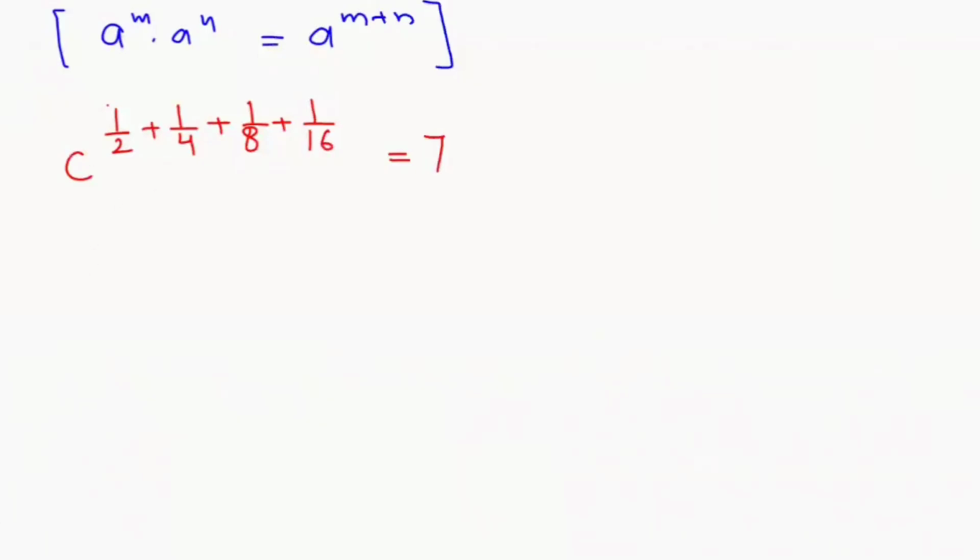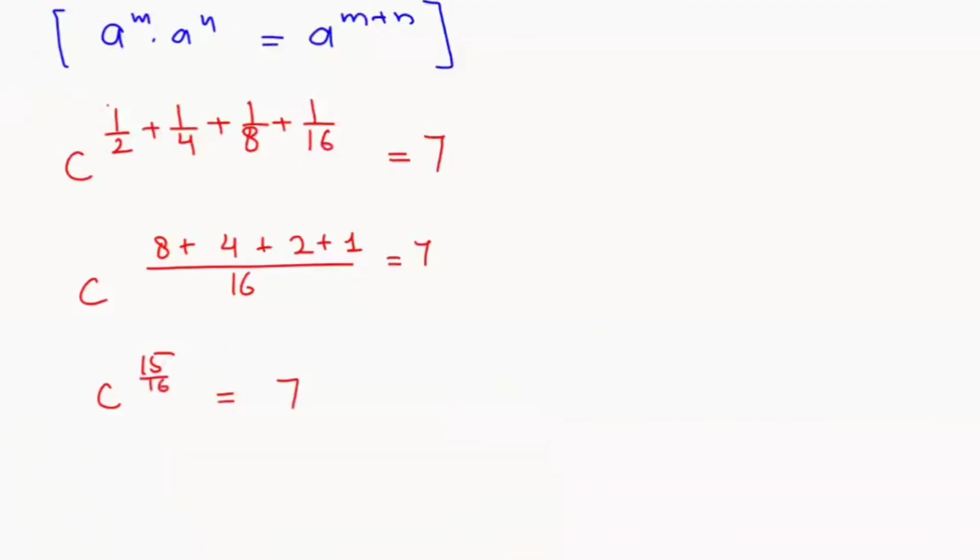So here we will get c to the power of, 16 is the LCM, and 2 times 8 gives us 16, and 4 times 4 gives us 16, and here 8, 2 times gives us 16, and 16, 1 time gives us 16, and this will be equal to c to the power of 15 over 16 is equal to 7.